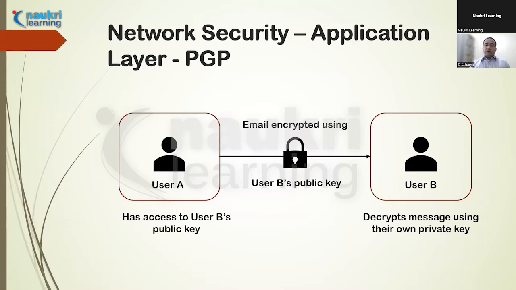User B can share their public key with anyone they want to receive a message from. User B sharing their public key is absolutely fine, which is why it is called a public key, meant to be public, whereas user B has to retain their private key. This is how PGP works and ensures application layer security for email applications.